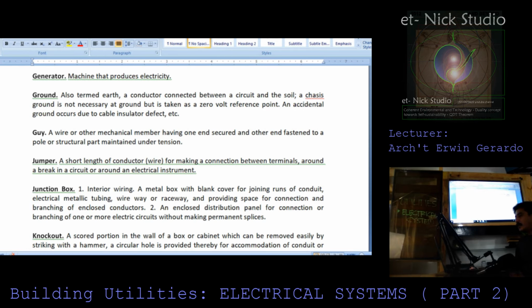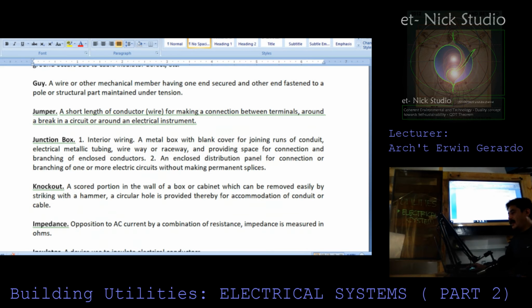Ground, also termed earth, a conductor connected between a circuit and the soil. A chassis ground is not necessarily at ground but is taken as a 0 volt reference point, and accidental ground occurs due to cable insulation defects, etc.